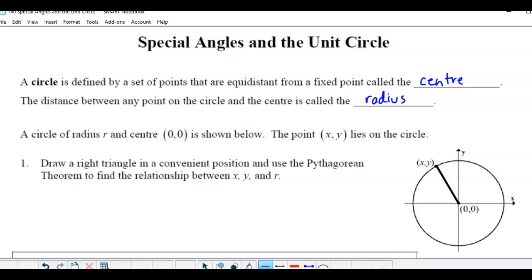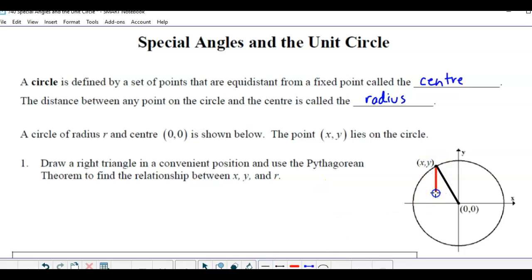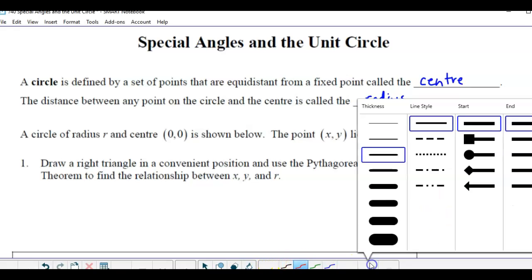We are going to form it with the x-axis, like this, kind of like how we formed our reference angles in that lesson. We form a right triangle with the x-axis, not with the y-axis.